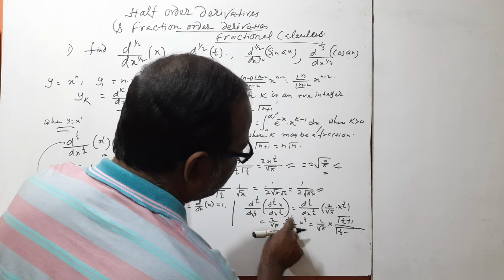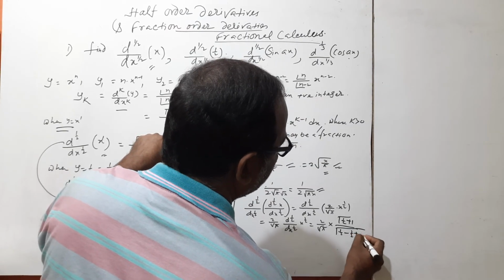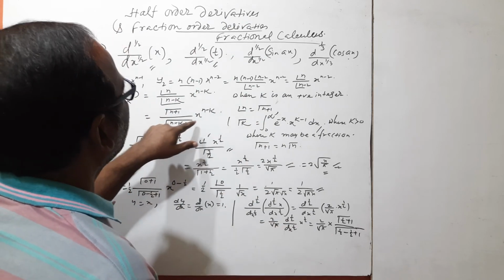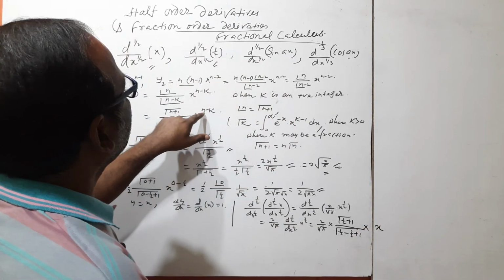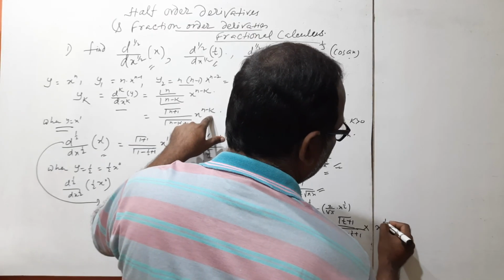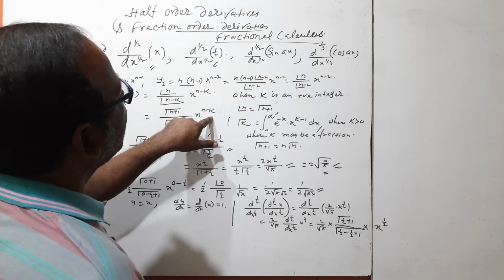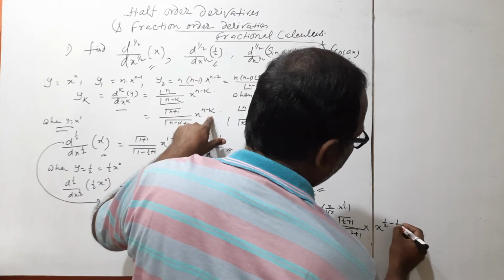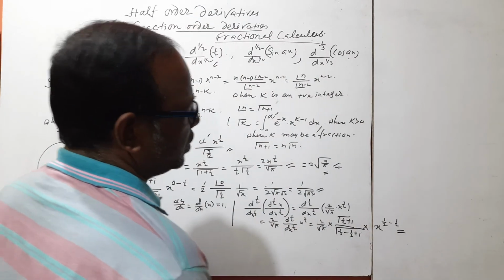So the order is here half, so this is plus 1. And x to the power n minus k, that is n means the degree of x here is half, and kth order is also half.